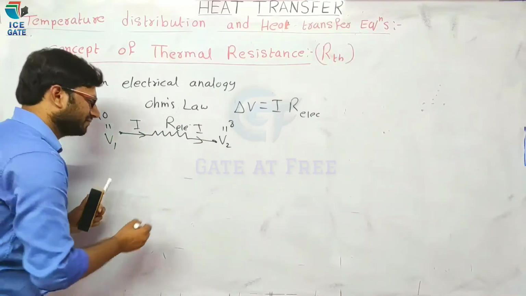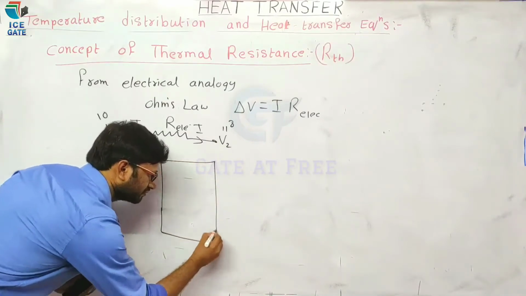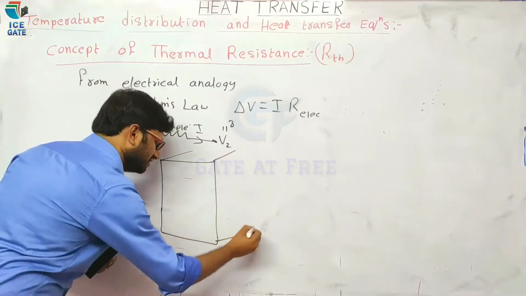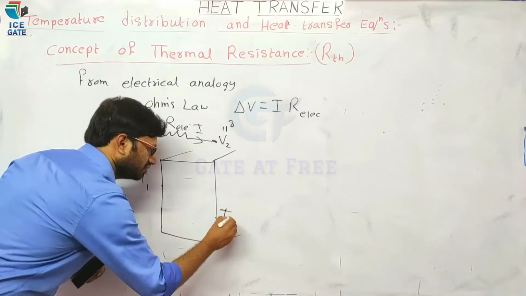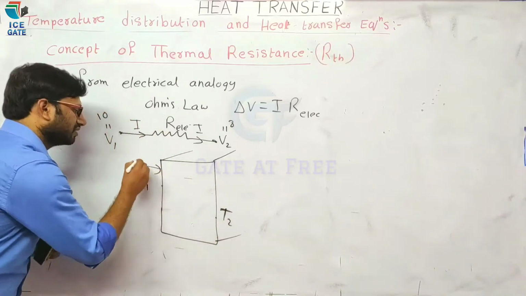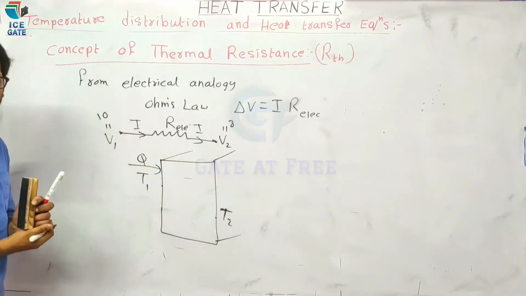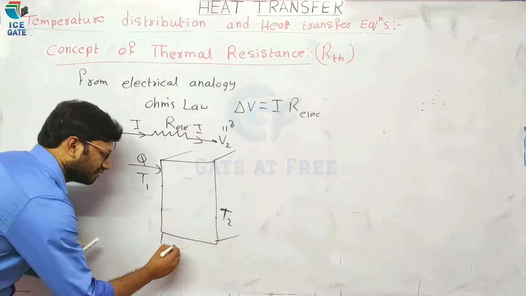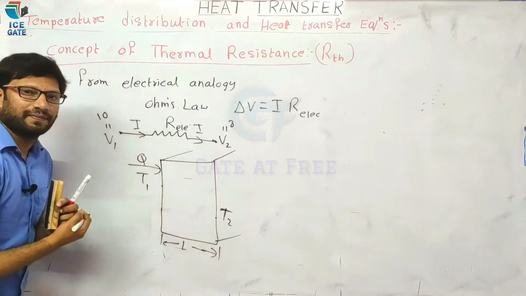In the same way, when it comes to heat flow through any material, for example, this is T1 and this is T2. Now, heat is flowing through the plane slab. So, say this is some thickness of the plane slab.